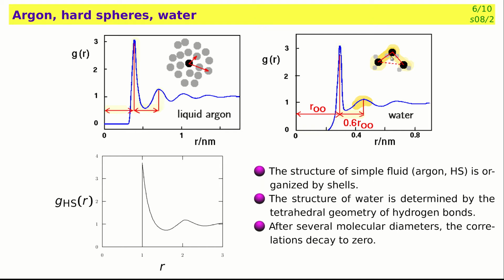It corresponds to a tetrahedron. You can calculate it. And for all liquids, fluids, the structure decays to unity, or the correlations decay to 0.